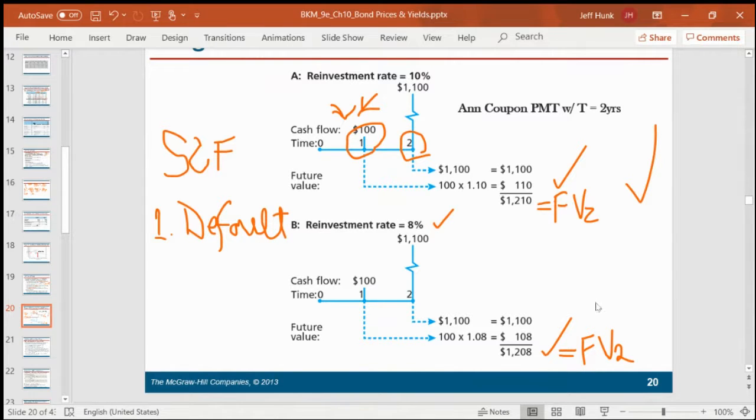Because you're lending, the greatest concern is the default risk, right? The second risk is the liquidity risk.